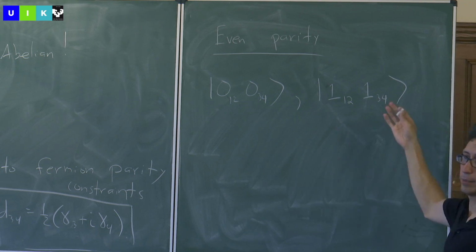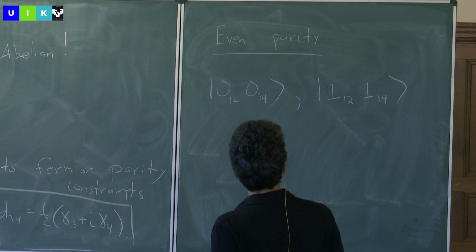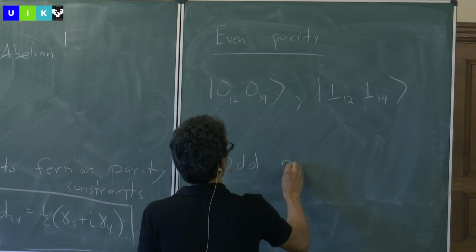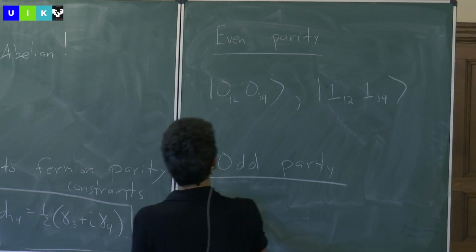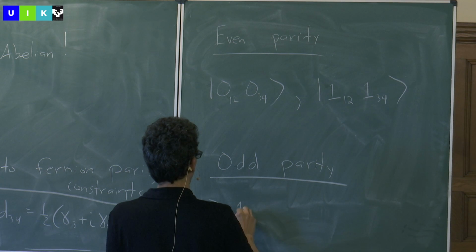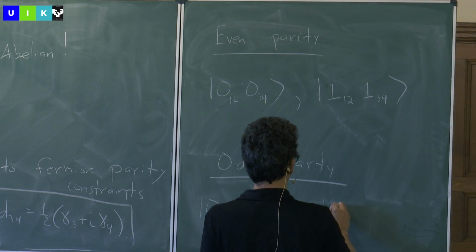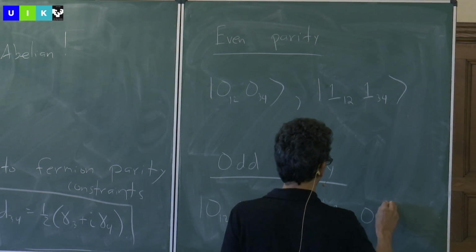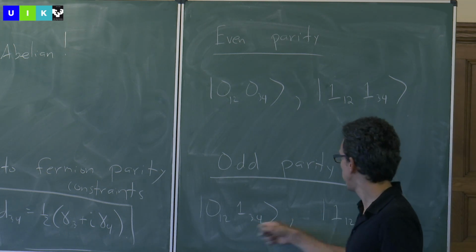And since I've flipped both, I've remained in the same fermion parity sector. And then we have the odd parity sector, corresponding to 0, 1 or 1, 0.